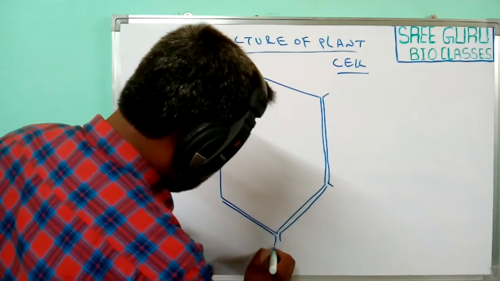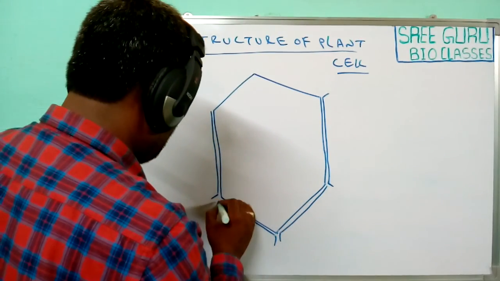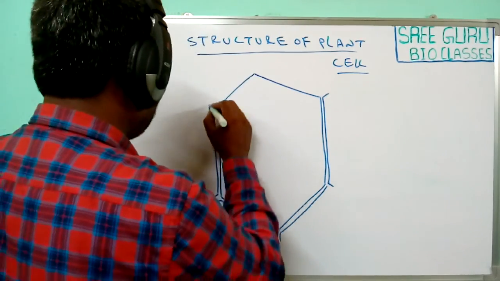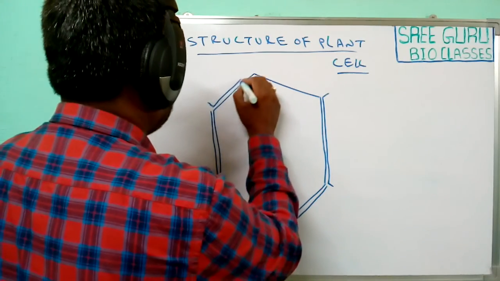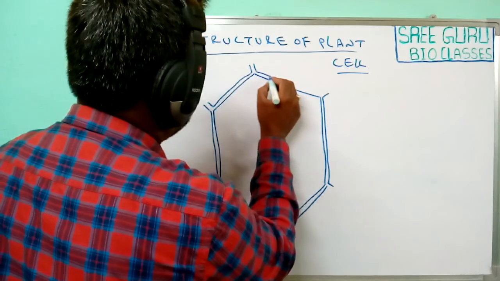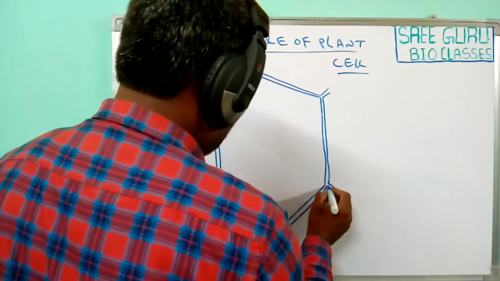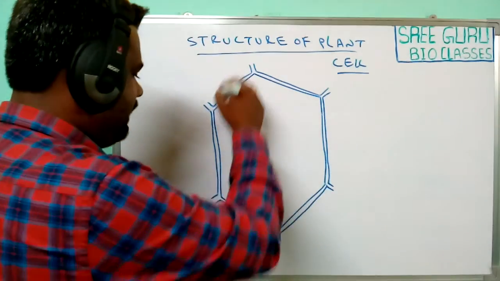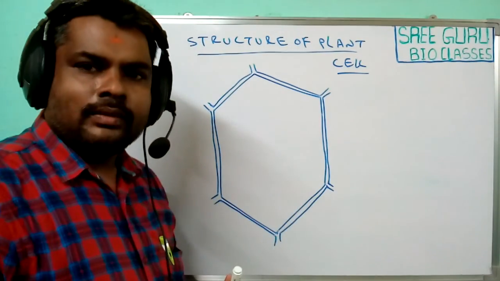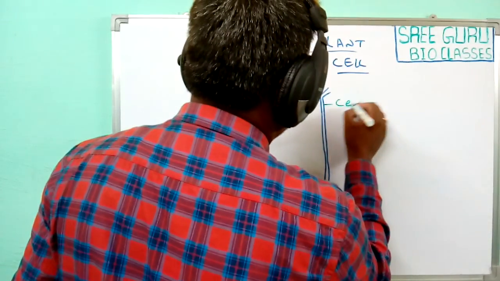Generally, the cell wall protects the cell from bursting or any external damage, and it is a tough layer which covers the entire plant cell. So this is known as the cell wall.